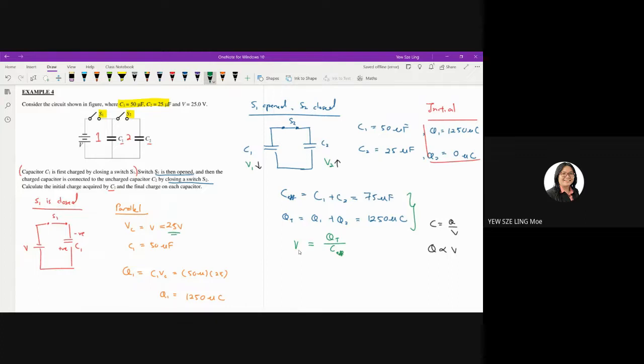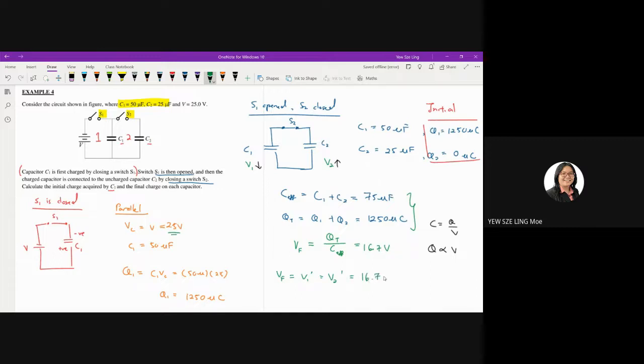So it is equal to 1250 divided by 75 micro, and you will obtain 16.7 volt as the final value. Therefore, V final is equal to V1 prime, which is equal to V2 prime, because they are connected in parallel.